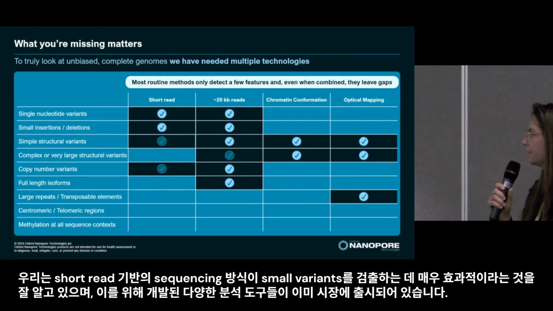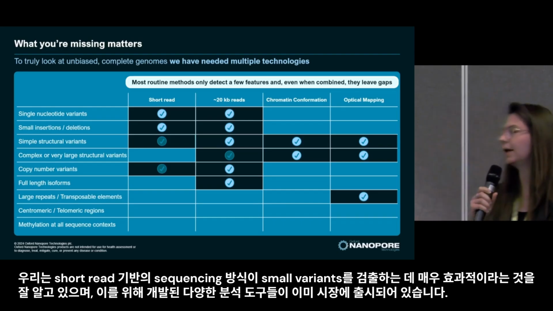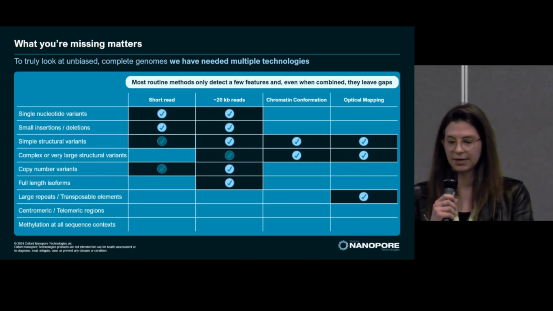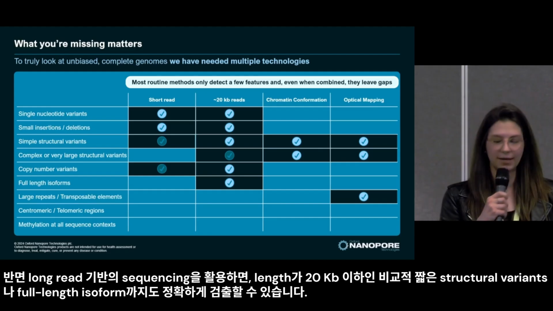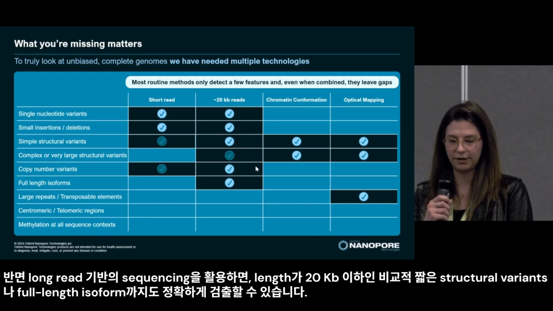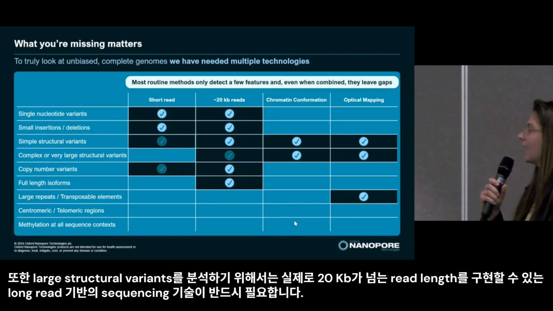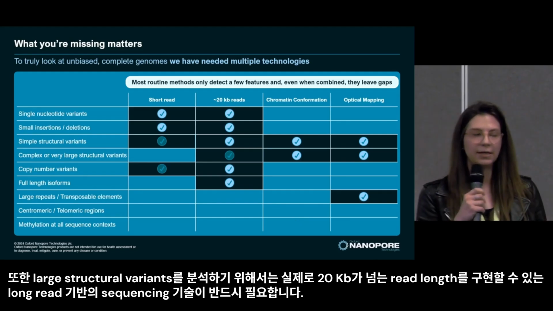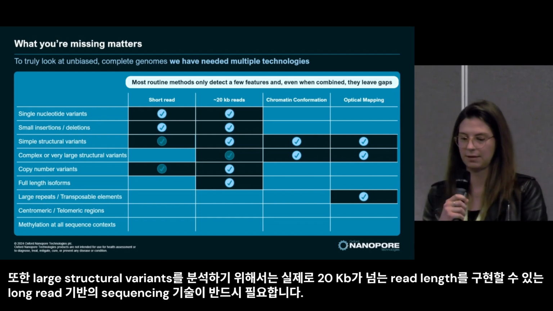We know that short reads are effective in detecting small variants, and we have several tools on the market that have been developed to detect those. Accurate longer reads of 20 kb or less can add detection of those shorter structural variants and full-length isoforms. But in order to get at these longer structural variants that we see, you really need a long-read technology that can achieve greater than 20 kb lengths.